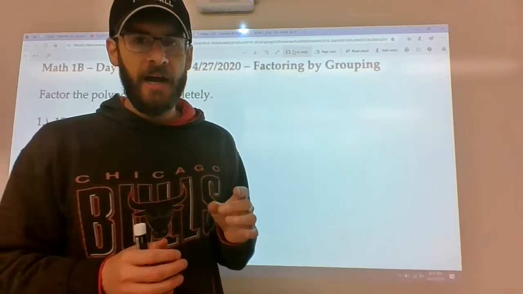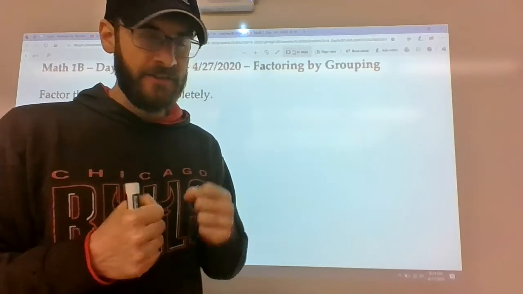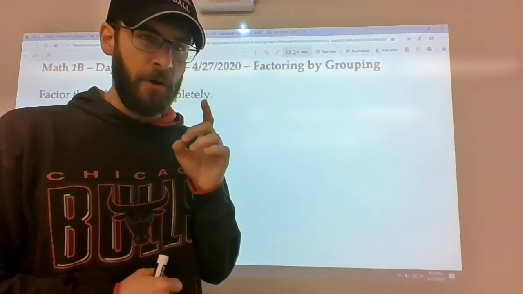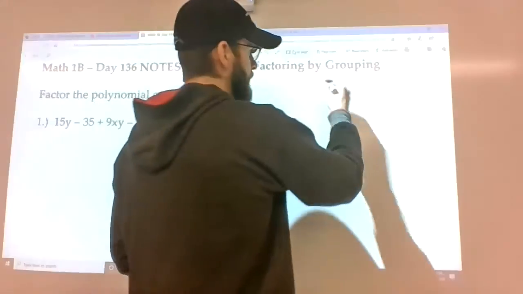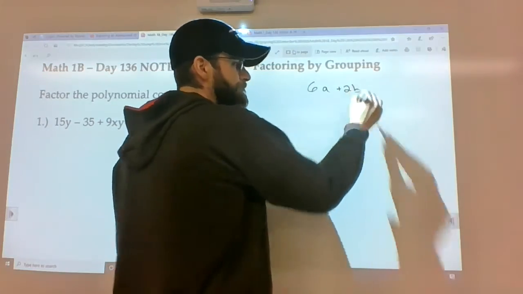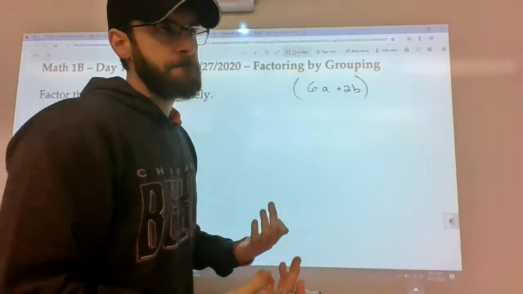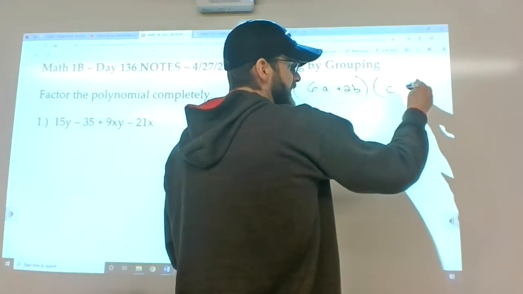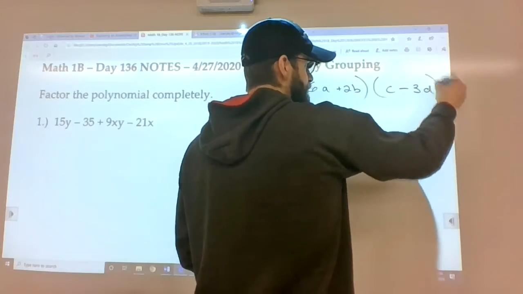Now to give you guys some kind of solid rock to stand upon for this, I want you to go back to the polynomials chapter, where we would be multiplying things like, let's say, 6a plus 2b times c minus 3d.